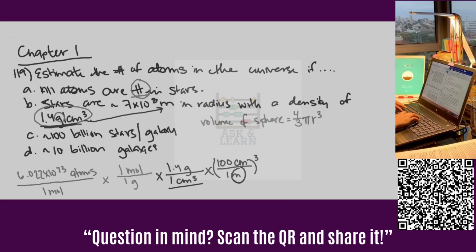So finally, like I was saying earlier, we have to take into consideration the volume of the star so that we can count up all of the atoms in each star. So we use that 4/3 pi r cubed calculation. The radius here being 7 times 10 to the 8th meters, and then that's cubed.